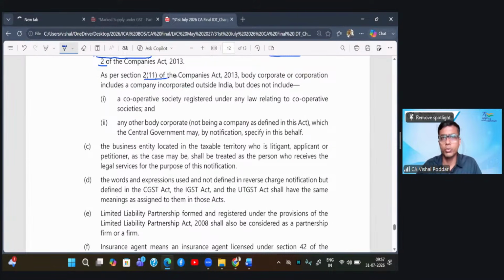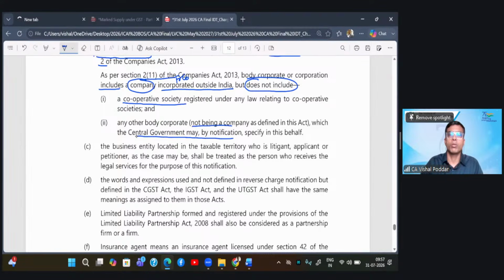The Companies Act under section 2(11) defines body corporate as first including a company incorporated outside India. So in short, first is a foreign company, but it says it does not include a cooperative society and any other body corporate not being a company which the central government may notify.